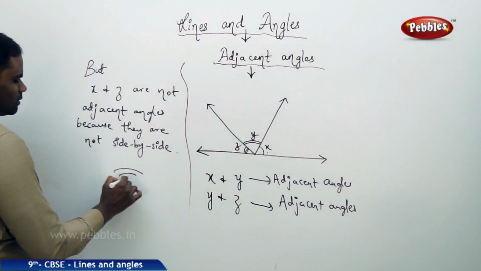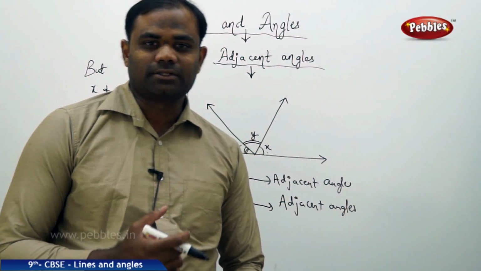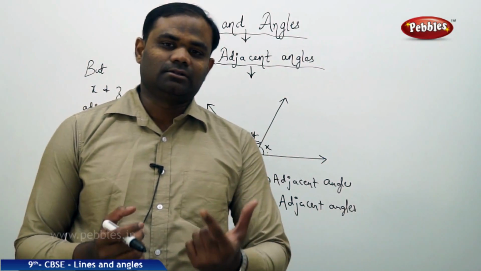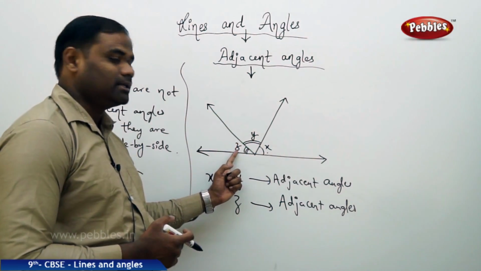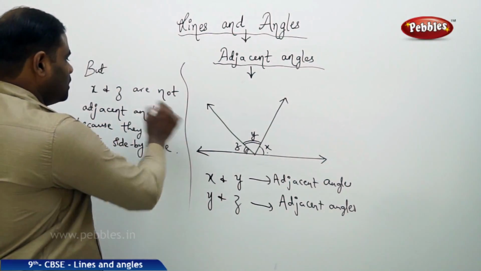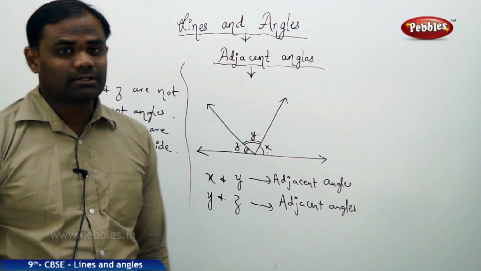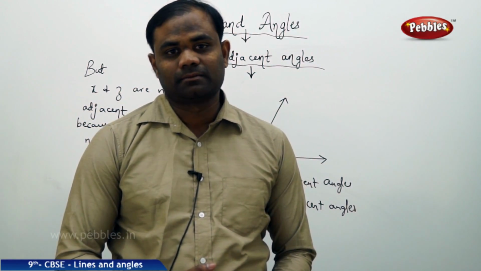This is the rule I identify in adjacent angles. Two angles are adjacent if they are beside or side by side. XY adjacent, YZ adjacent, XZ not adjacent is how I understand the adjacent angles in the geometry of the planes.